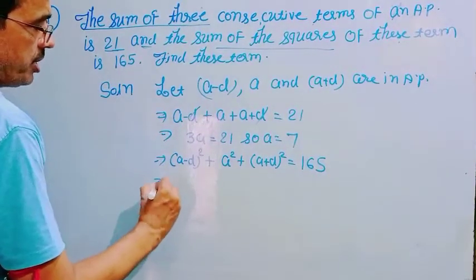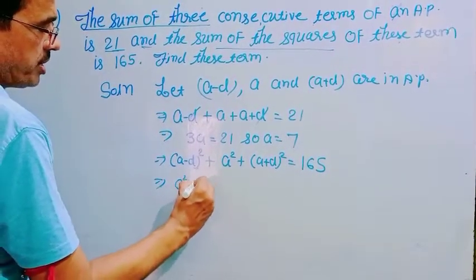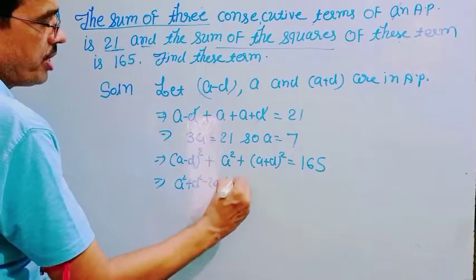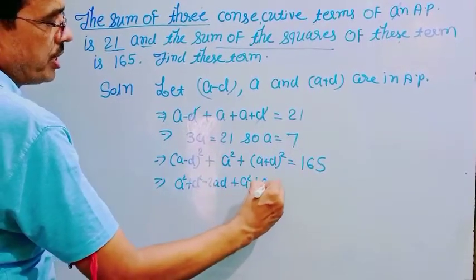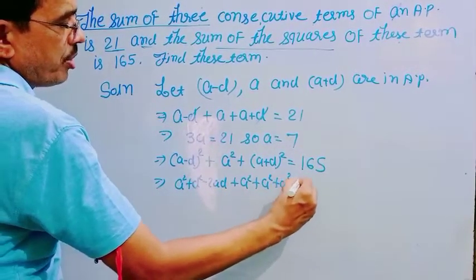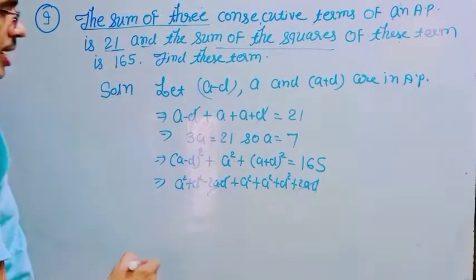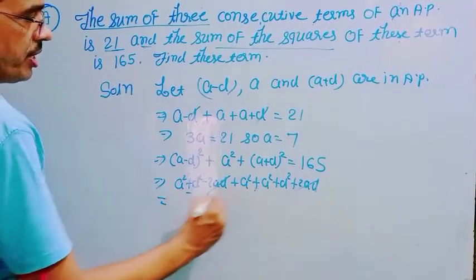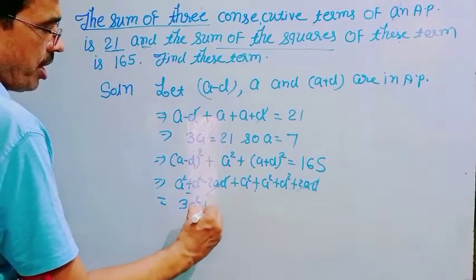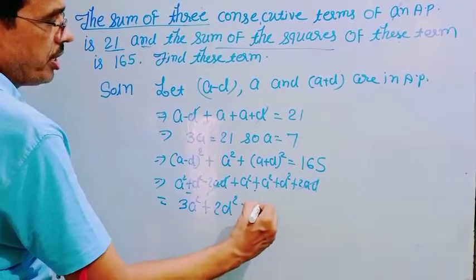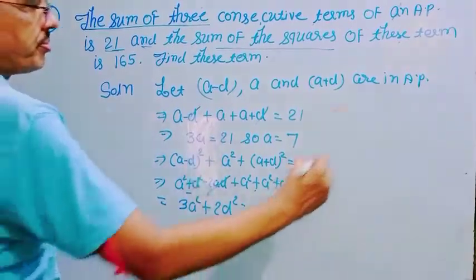Then here we have A square plus D square minus 2AD, A square, and A square plus D square plus 2AD. The plus 2AD and minus 2AD cancel. Then how many A squares? That is 3A square plus 2D square is equal to 165.